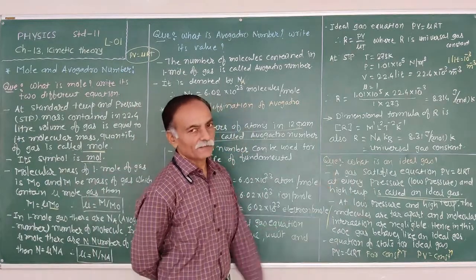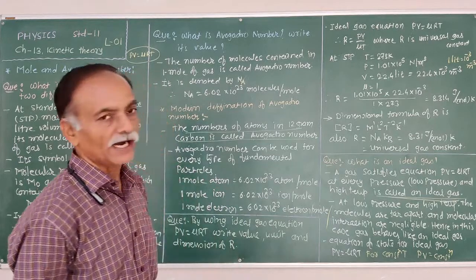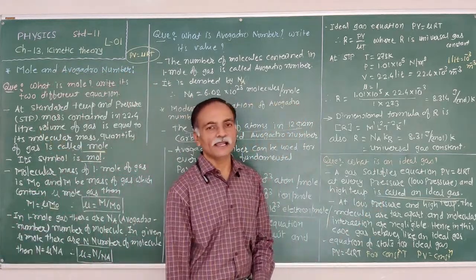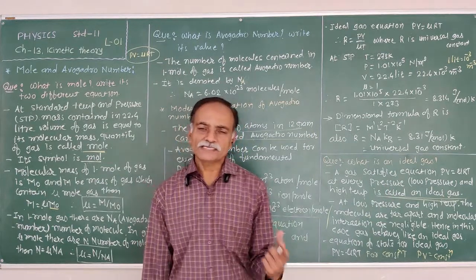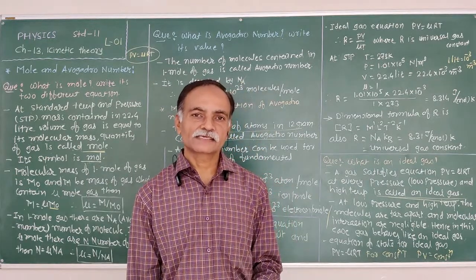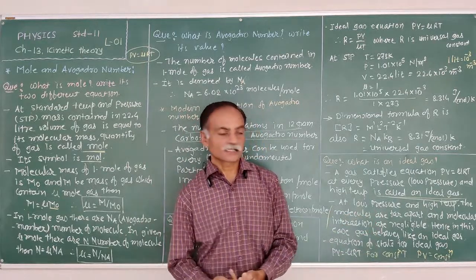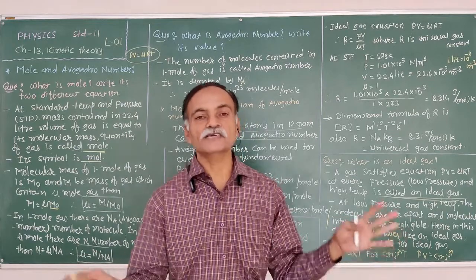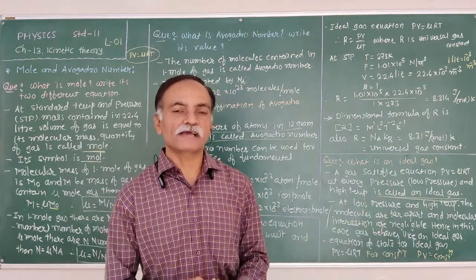Again, what is the definition of an ideal gas? A gas that satisfies the equation PV is equal to mu RT at low pressure and high temperature is called an ideal gas. Why at low pressure and high temperature? Because the molecules of the gas are far separated, the separation between the molecules is very large.